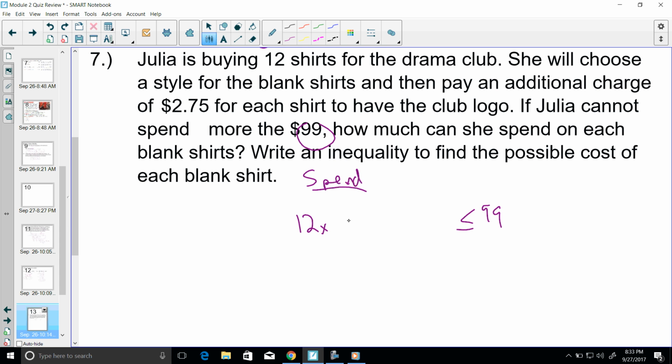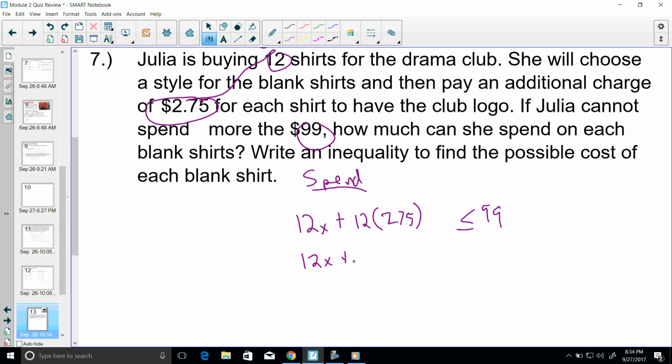But I'm adding to that, for every shirt that I buy, an additional charge of $2.75, and I'm buying 12 shirts. So I have to add into this cost 12 shirts times the $2.75. Okay, so I just have to simplify the left-hand side and then solve it.